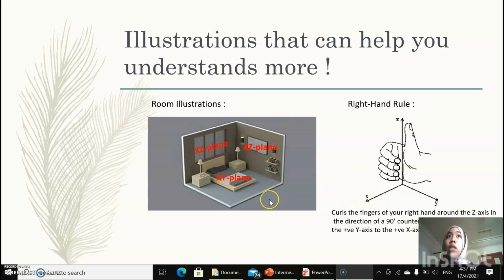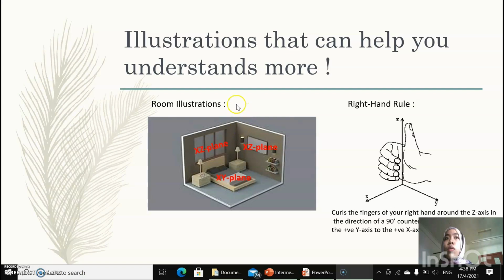Next, illustrations that can help you understand more about graphing in 3D. We have 2 illustrations, which are the room illustration and the right-hand rule. For the room illustration, you can simply look in your room or your house and find a corner that has 2 walls and a floor.